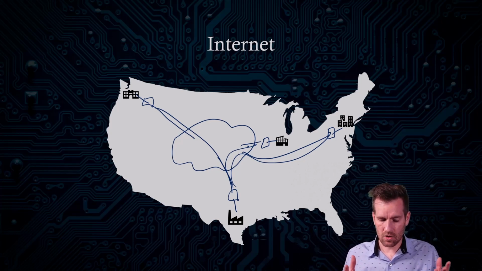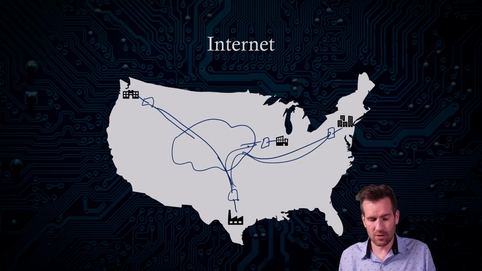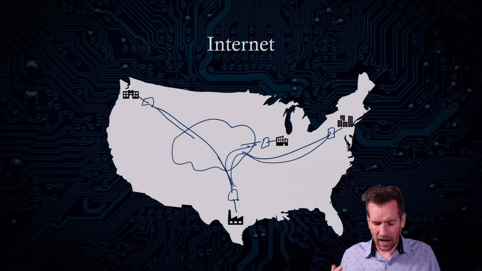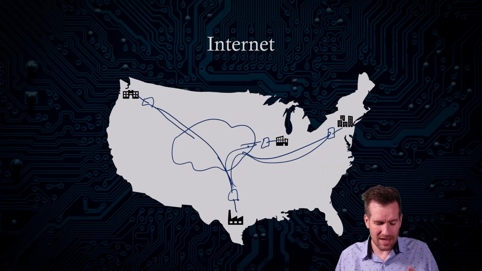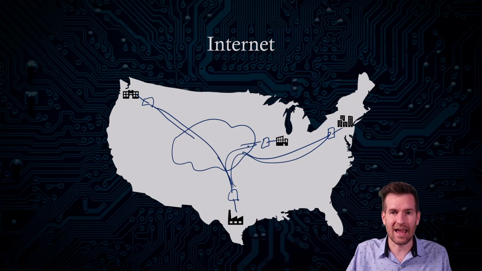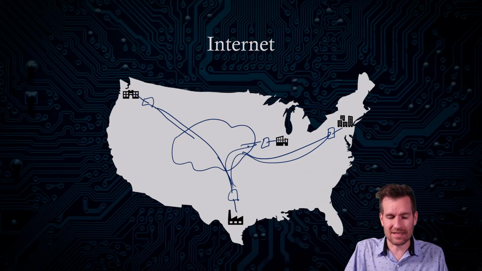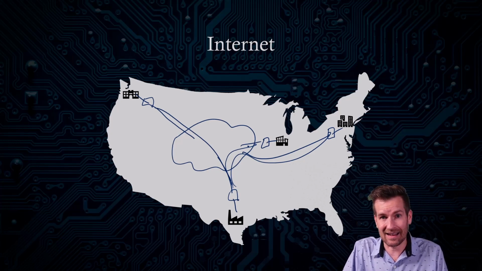So this is a good route to go because you get some speed with it. It's relatively cheap, but there's not necessarily a guarantee, because the internet can be unstable at times and connections can drop. So you don't get the same guarantee as with a dedicated line or an MPLS.